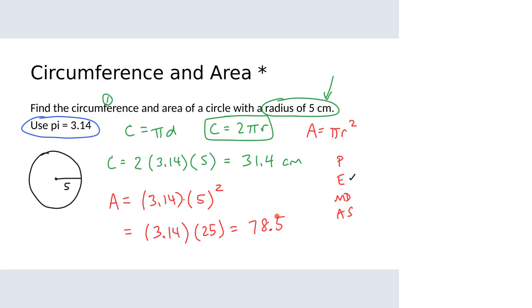This is the area. So this is how much space it covers. Our units here would be square centimeters. You wouldn't have to report units, but I do want you to be aware that they would be square centimeters. If you're thinking, how can you have square centimeters inside a circle?